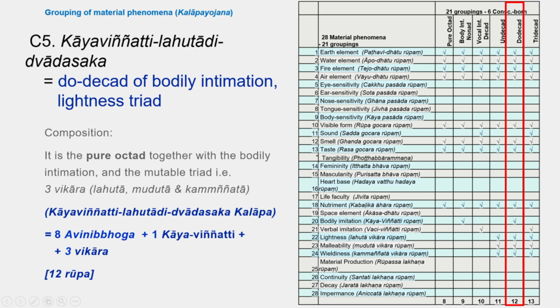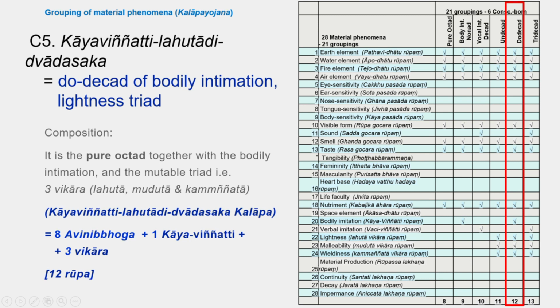Next one, the Kaya Vinnatti Lahutadi. So it's called the deka bodily intimation, lightness, etc. This is a combination, okay? It's a pure octad together with bodily intimation. Remember the earlier one we have vocal intimation plus the sound and the mutable triad. Vaci Vinnatti Lahutadi Dvadasaka Kalapa.